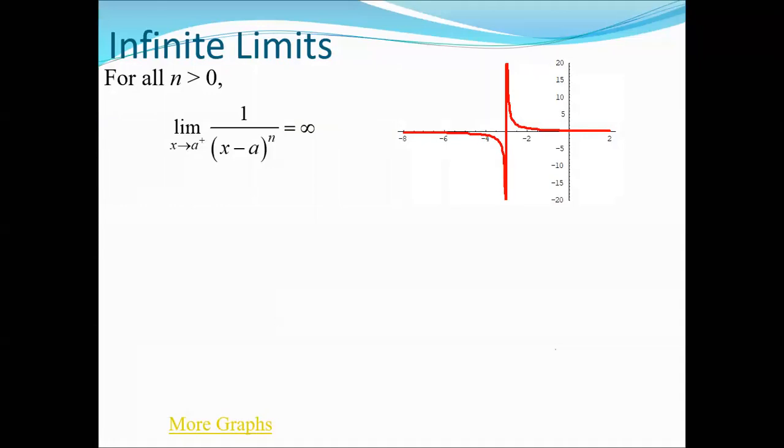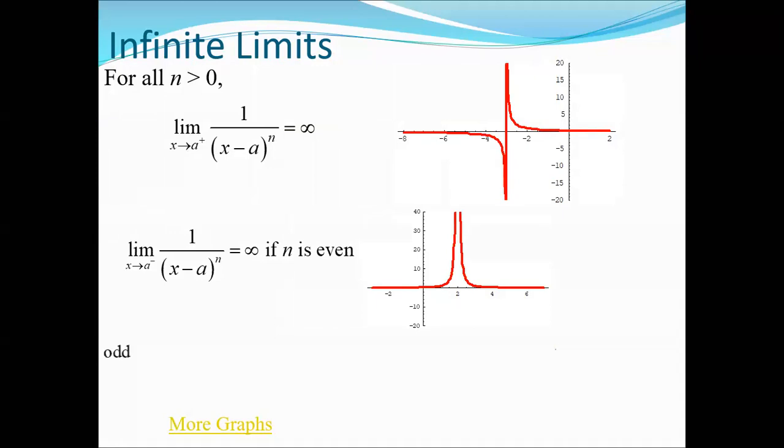That is, from the left and right side of a, we get 1 upon 0 and it is again infinity. And if n is even, then the right hand limit and left hand limit are also infinity. And if n is odd, then we get minus infinity. It depends upon the value of a.